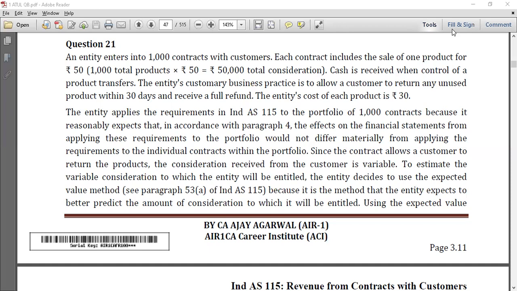And the second thing is how many will be returned? 30 products, 30 items will be returned, and for those 30 products, what is the cost? What is your cost of making it? 30 rupees, as we have discussed before, it is 30 rupees per product. So that will be your asset, because you're going to receive it during the return.